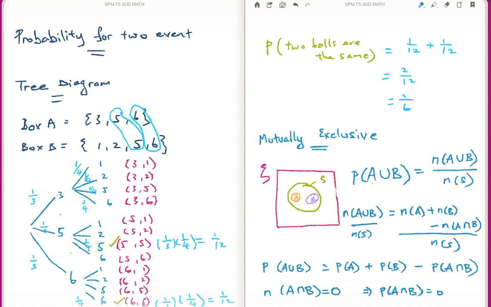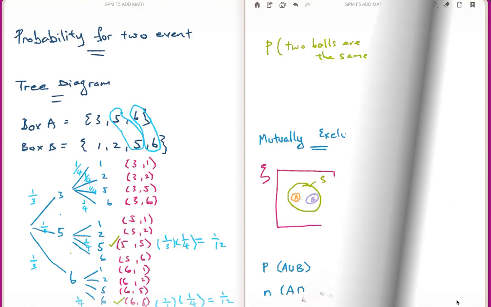If they are mutually exclusive, A and B is 0, so you are left with only A or B, and all you need to do is P(A) plus P(B). Unless they are not mutually exclusive, meaning they overlap.